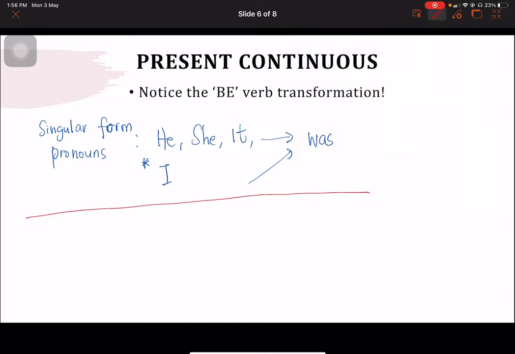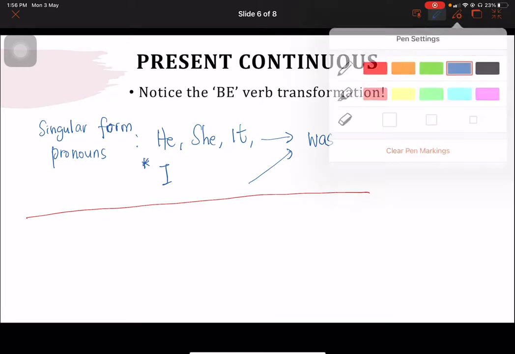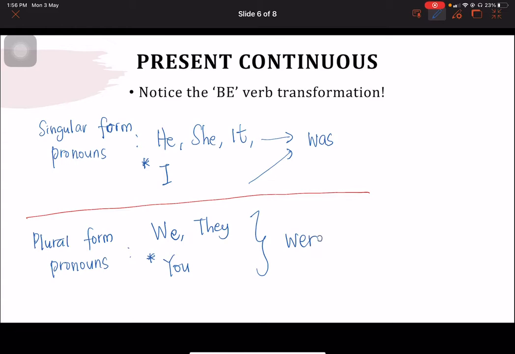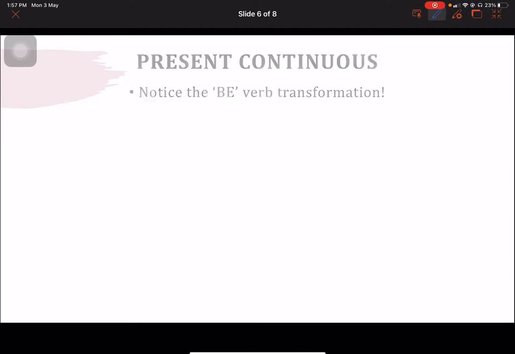How about the plural form pronouns, such as we, they, and also the special case you? For these we use were. And make sure you don't forget the verb with the ing. So let's look at example sentences.